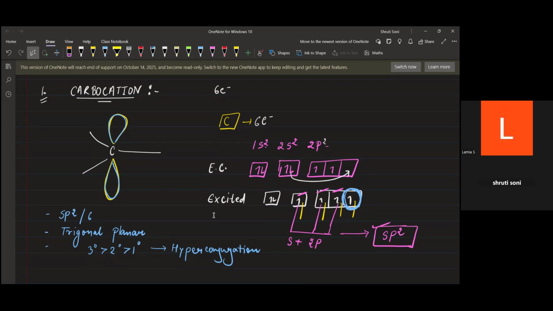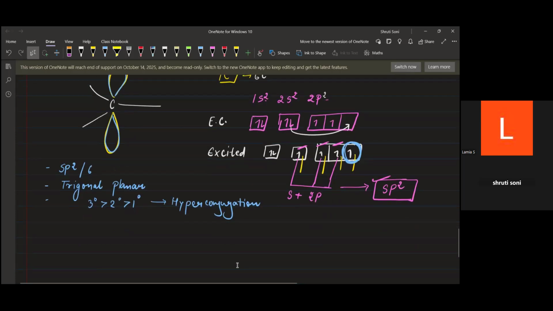I think the more hyperconjugation there is, the more stability there is. Yes, absolutely. But how do we calculate which compound has more hyperconjugation? If there's a double bond, or a triple bond also, and the number of alpha hydrogens.